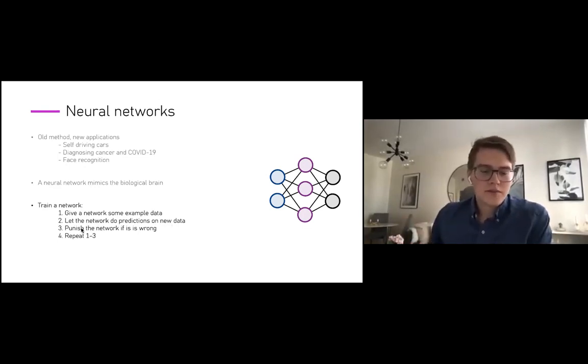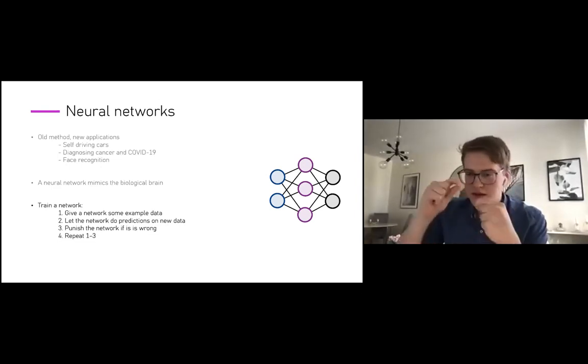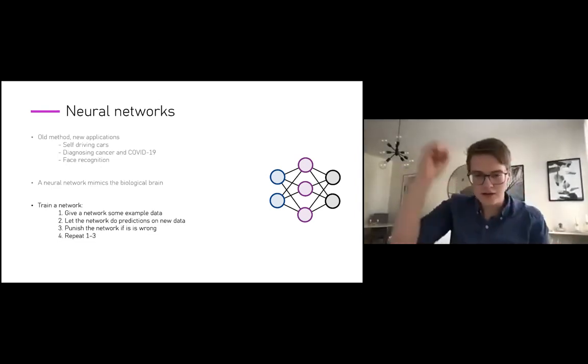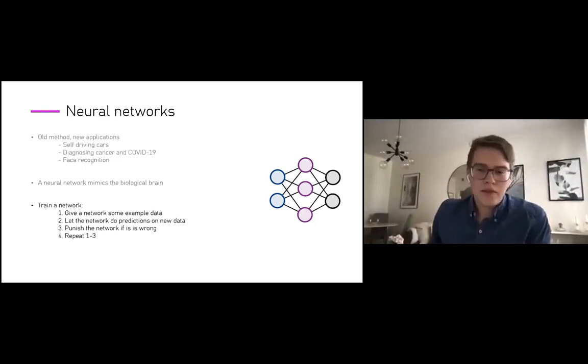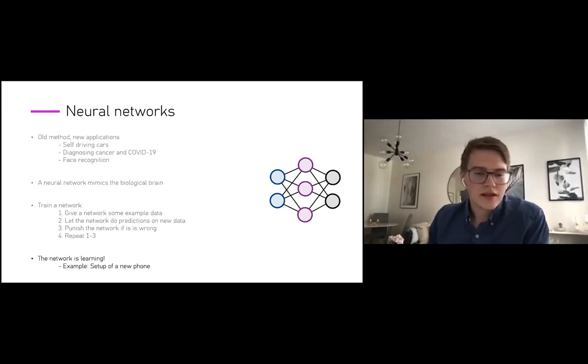The third step would be to punish the network if it's wrong. By punishing, I mean changing the numbers inside the network, turning some cogs and pulling some levers, changing the structure of the network, depending on how well it performs. And the fourth step is just repeating 1, 2, 3. The network is then learning.